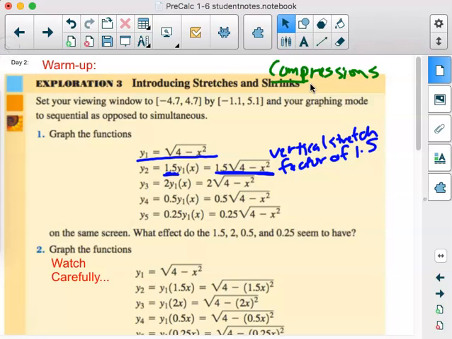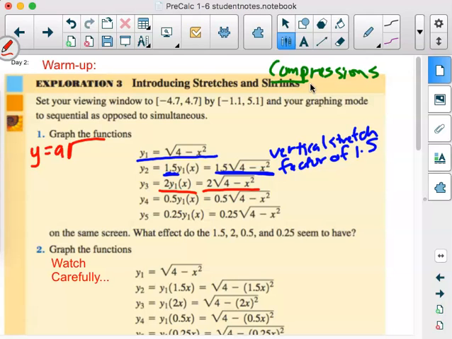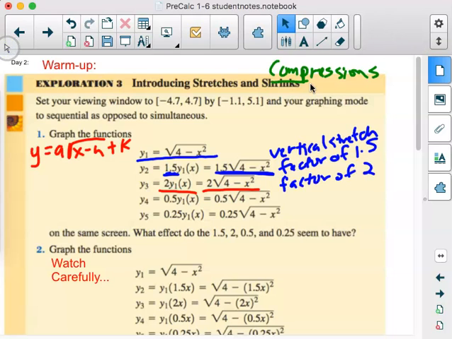Now on the next one, I see that there's a 2 in front of our square root function. And again, that's our a value when we think of y equals a square root of x minus h plus k. And that a value is, again, greater than 1. So that would be a vertical stretch. But this one would be a factor of 2.